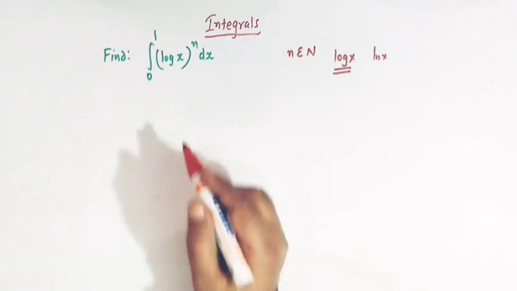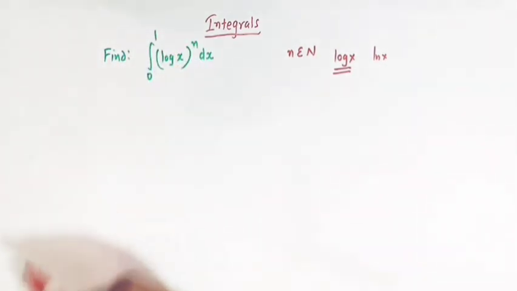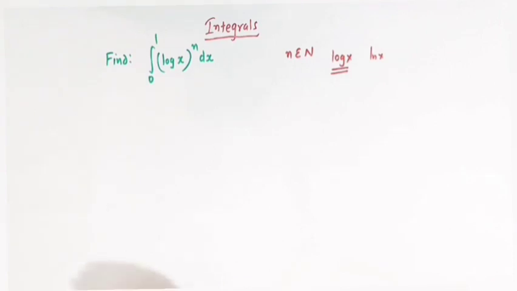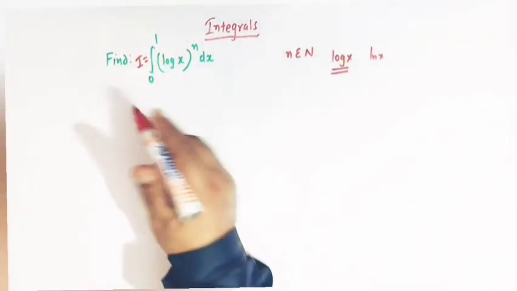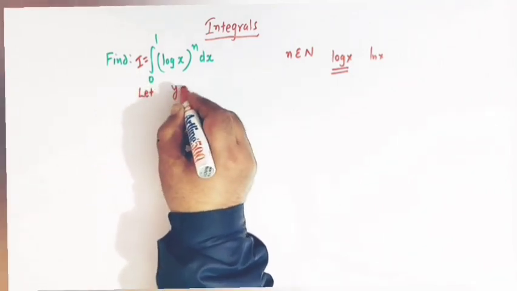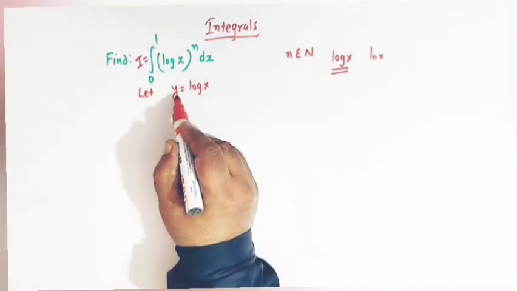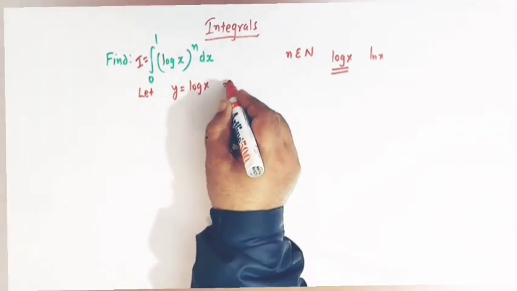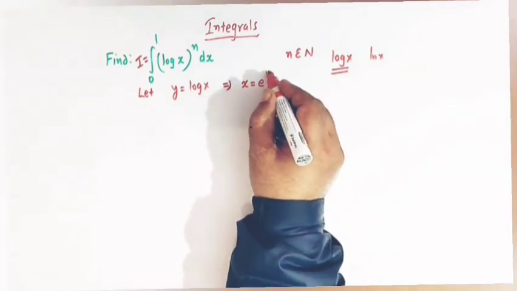So let us start and see how we can solve this important integral with the help of gamma functions. Let us take this integral as I, and make the substitution y is equal to log x. So x is equal to e raised to y.